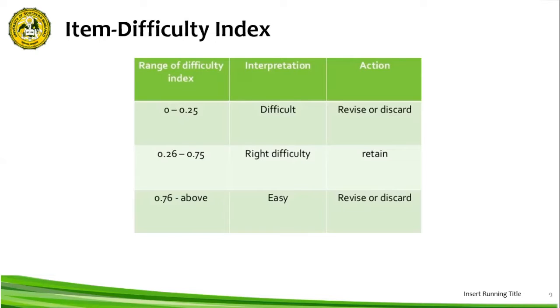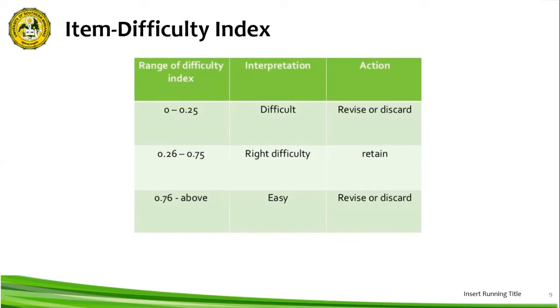Also, if it is too easy, which ranges from 0.76 above, revision or discarding the item is needed. Test developers only retain items with a difficulty index ranging from 0.26 to 0.75, since it represents that the item has the right difficulty.